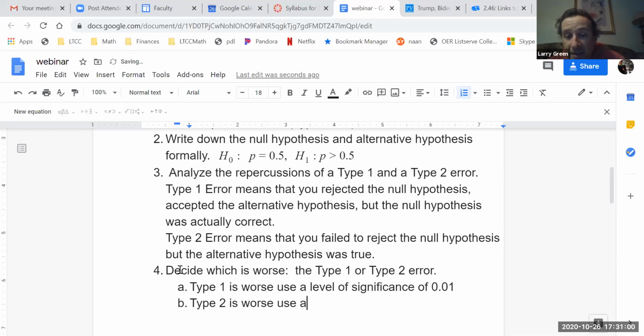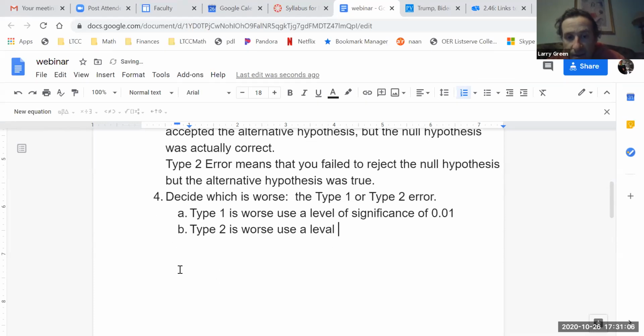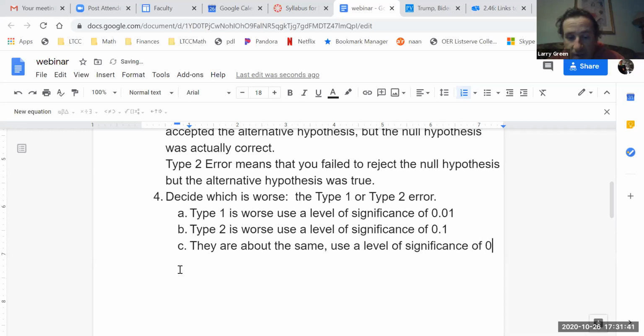And then we're going to use a level of significance of 0.1. And then C is they're about the same. And then you use a level of significance of 0.05.